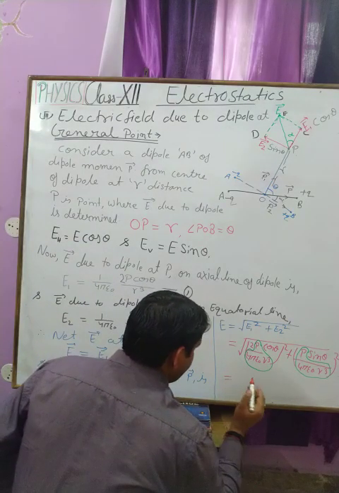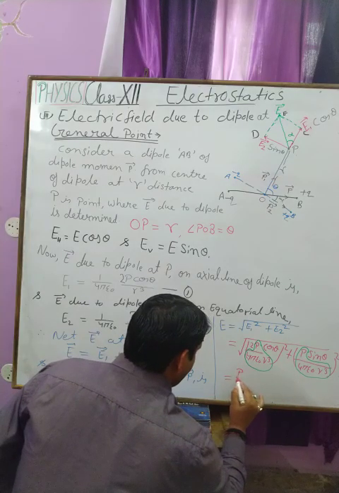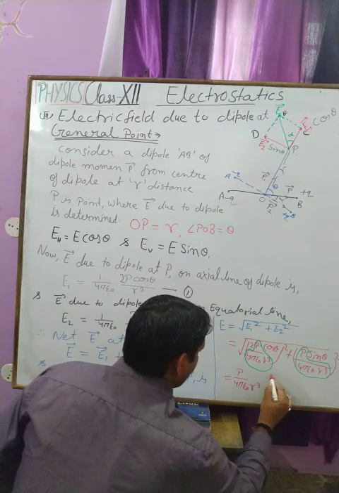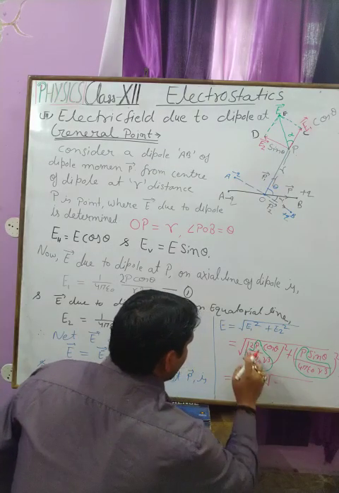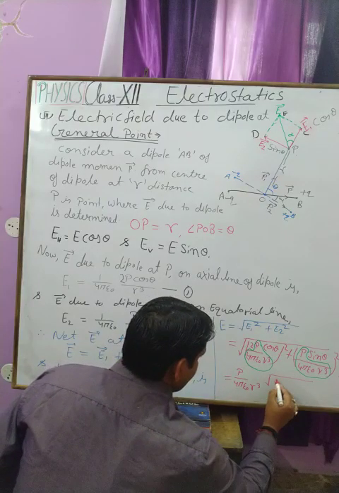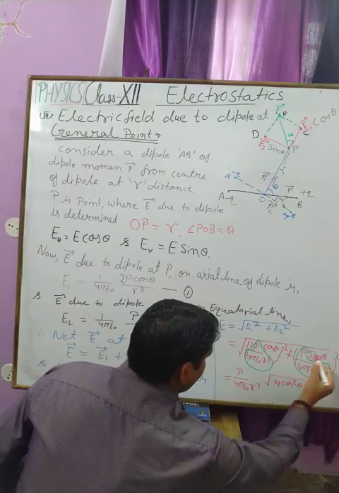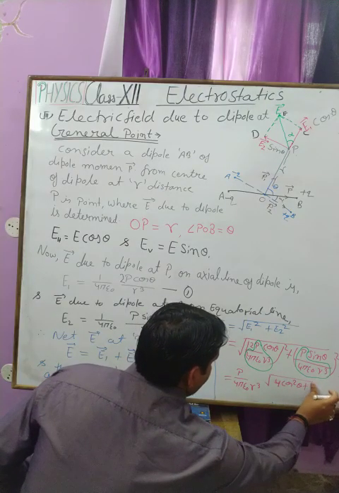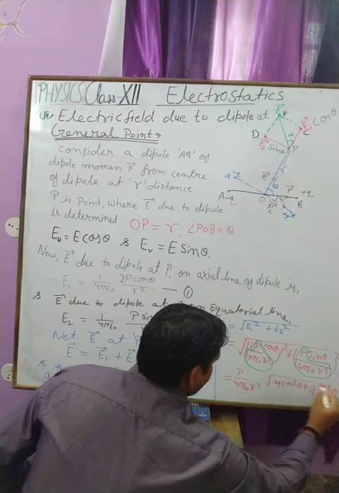So we are getting p upon 4 pi epsilon naught r cube under root, square of 2 is 4 cos square theta plus sin square theta.